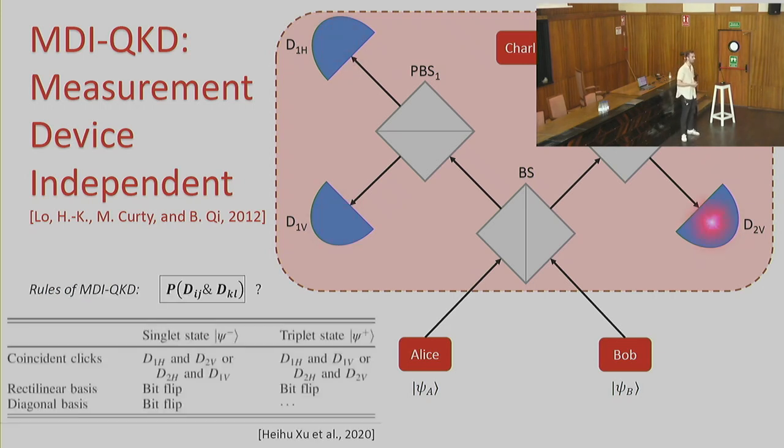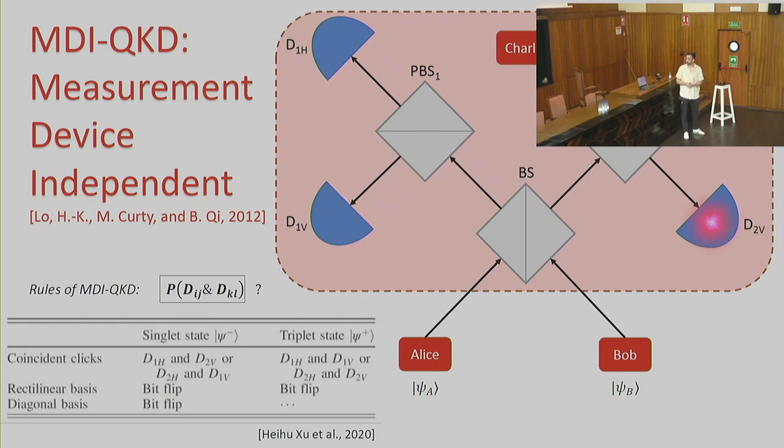And then he will announce his results. With these results, and according to the rules that you can see in the paper, Alice and Bob will be able to distill a secret key. For simulating this protocol, our goal here is to calculate the detection probabilities. We would like to compute the probabilities of detecting photons here, or these coincident clicks.